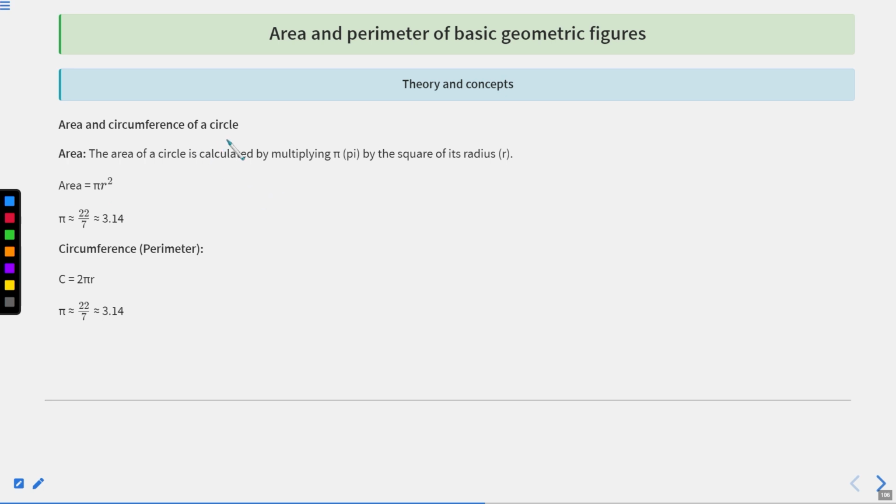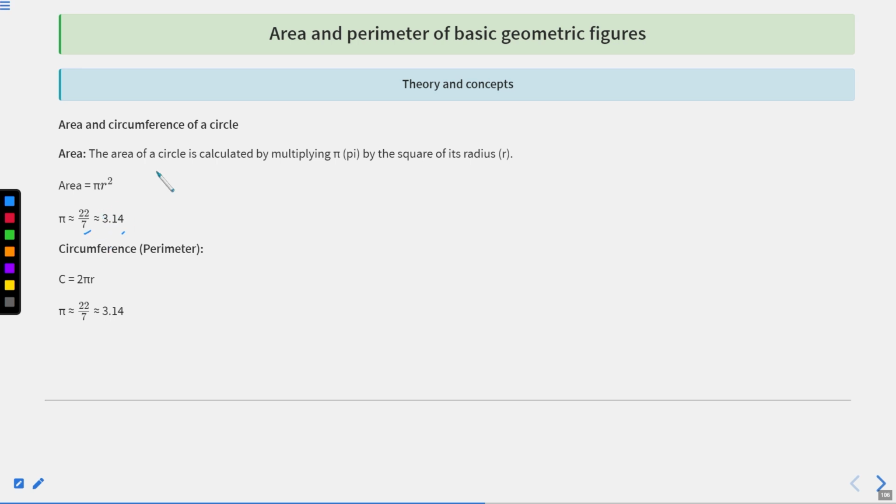Area and circumference of a circle. The area of a circle is calculated by multiplying pi by the square of its radius. So the area of a circle is given by pi r square, where pi is, by the way, an irrational number, and sometimes for obtaining answers quickly, it is approximated to 22 by 7, or we often use 3.14. This is the approximation.